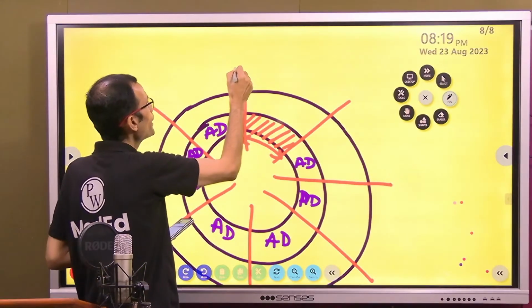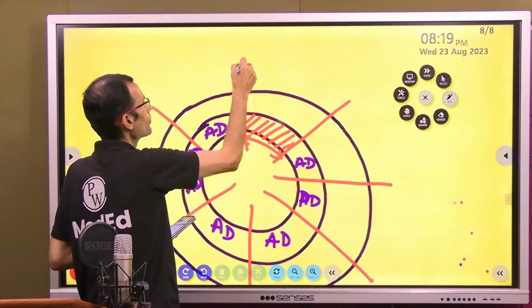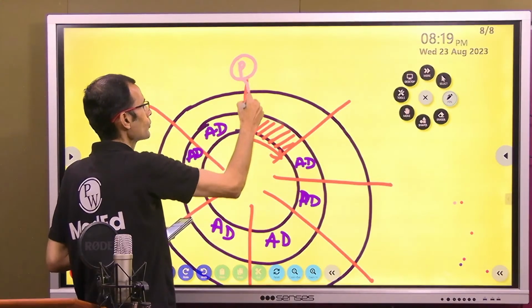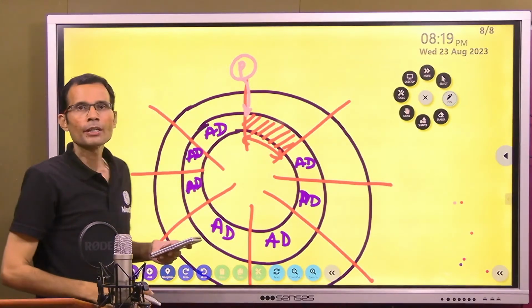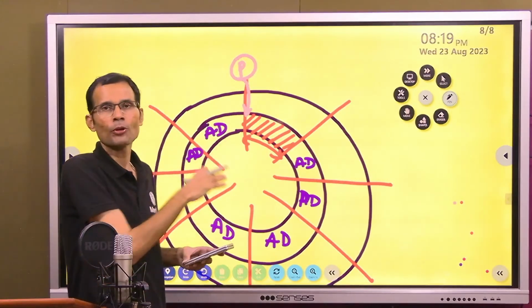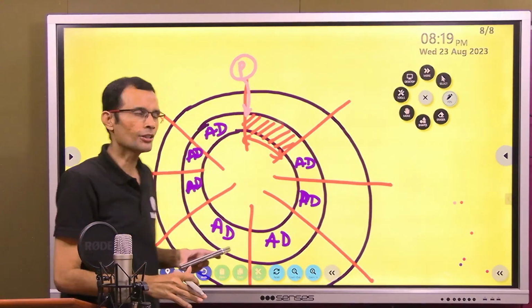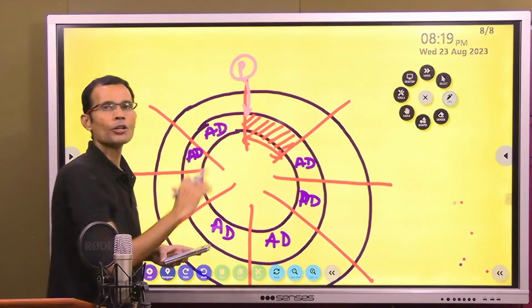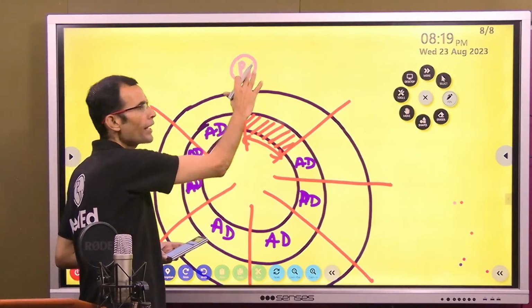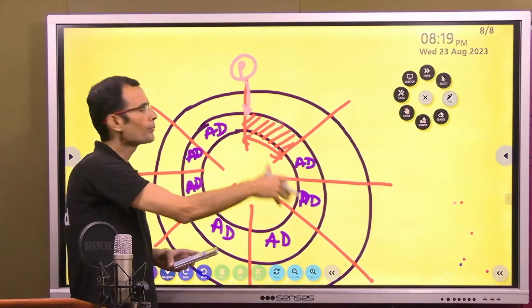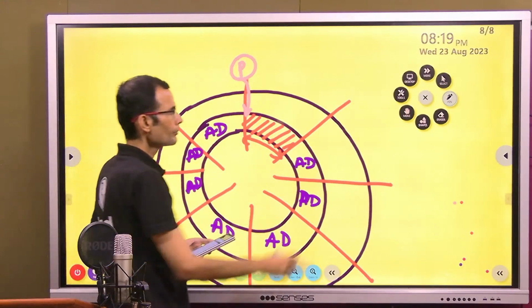So there will be a P wave just before atrial systole. Okay, atria will depolarize. That is what a P wave is, atrial depolarization, followed by the atrial contraction. So P wave, then the atrial systole, then the atrial diastole.